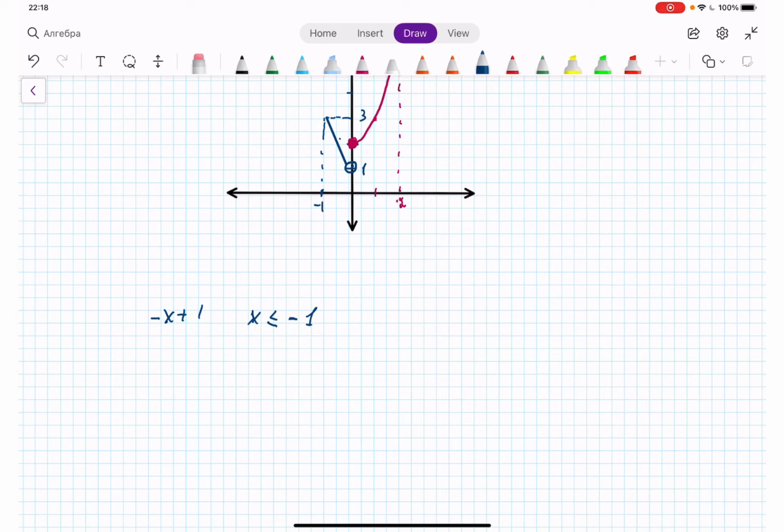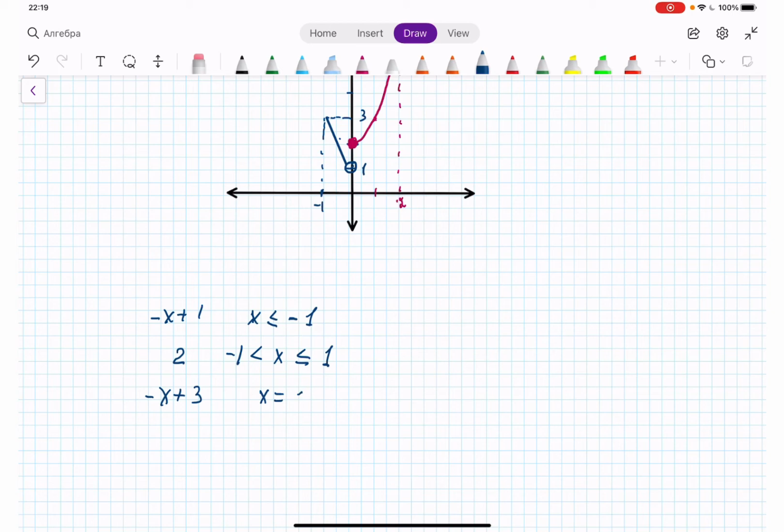Next piece is 2, defined in the area x greater than negative 1, less than or equal to 1. Negative x plus 3, and it's going to be x is equal to 1.